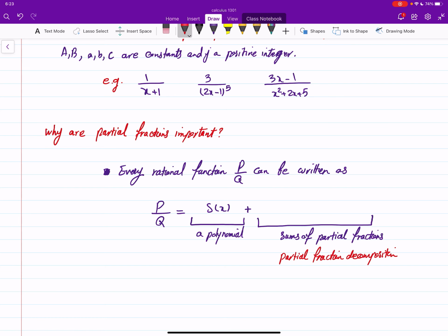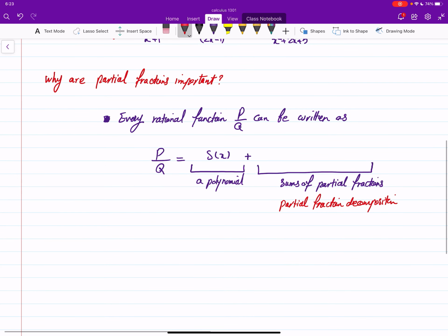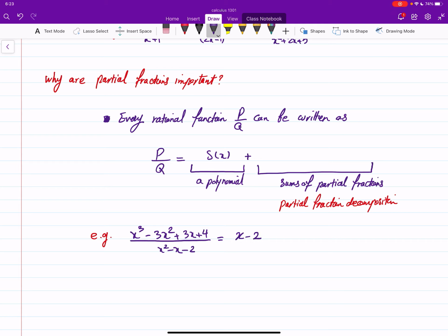And well, for example, let me at least show you an example here of how we will write that. That's another thing that we will discuss in another video. But the example that we had at the beginning, x cubed minus 3x squared plus 3x plus 4 over x squared minus x minus 2, can be written as x minus 2 plus 1 over x plus 1 plus 2 over x minus 2.